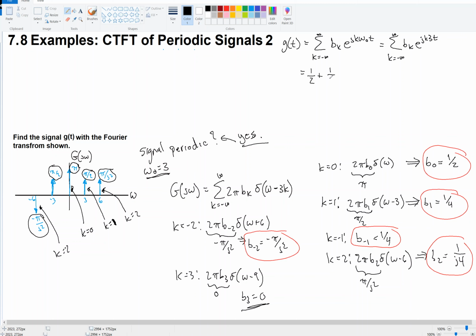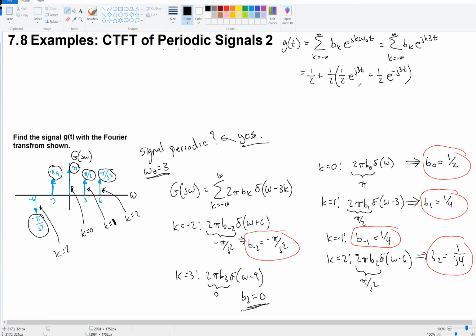I'm going to write it like this, 1/2 times 1/2 e to the j3t. So that makes the 1/4 e to the j3t. And then let's consider the k equals -1 term. That is also 1/4. So I'm going to write that as plus 1/2, because I've factored out a half already, e to the minus j3t.